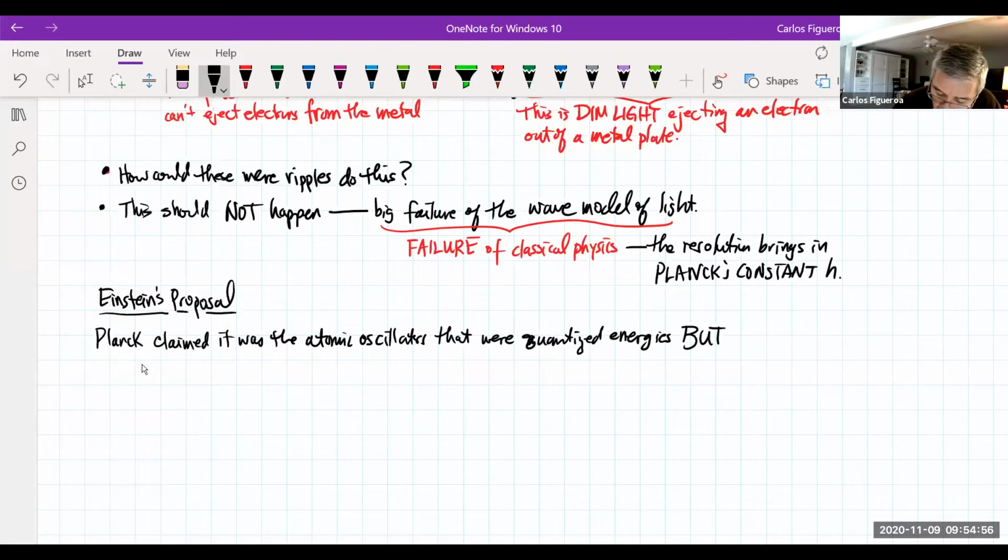But that light remained a wave in the radiation field.